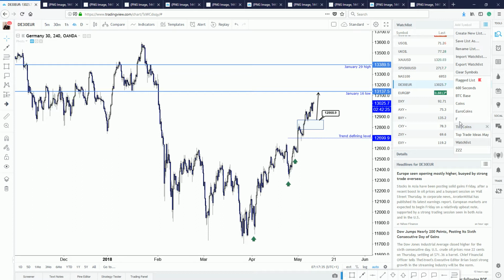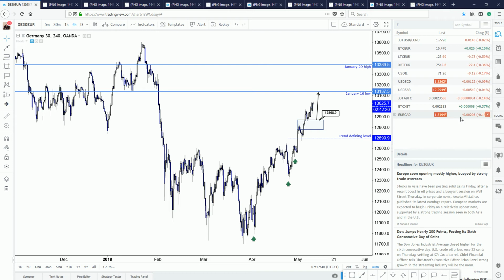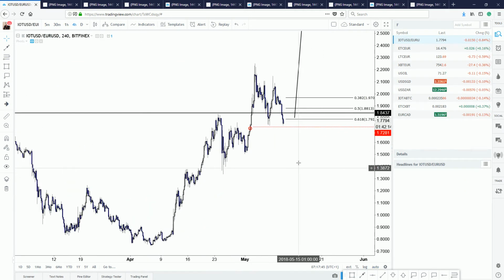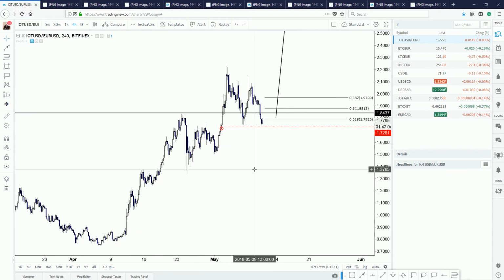In regards to crypto coins and what I'm holding, I'm just holding a bag of bad coins. No, not bad coins, but the crypto markets are not really doing too good. This is the IOTA 4-hour chart, and I bought here at 184.37, and the market is very close to taking out its low here from April 7th.